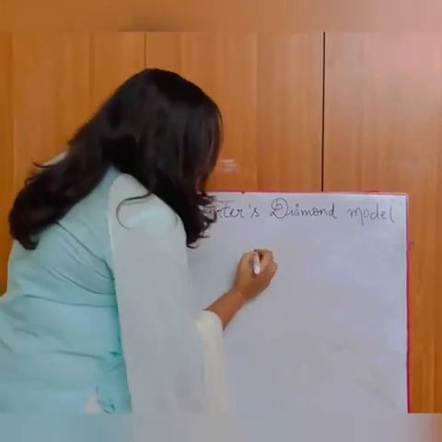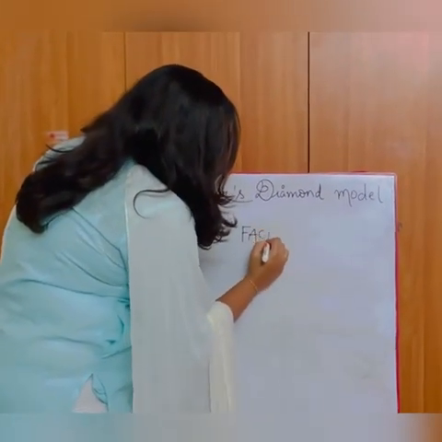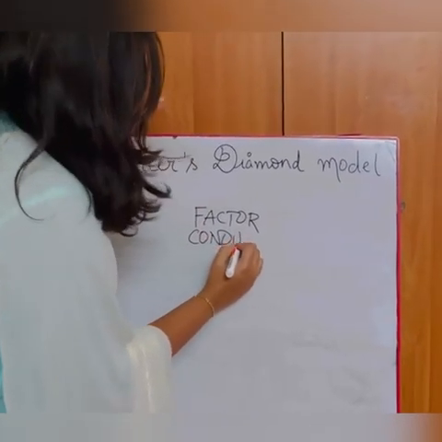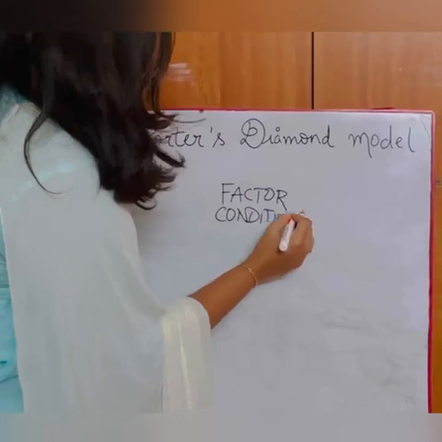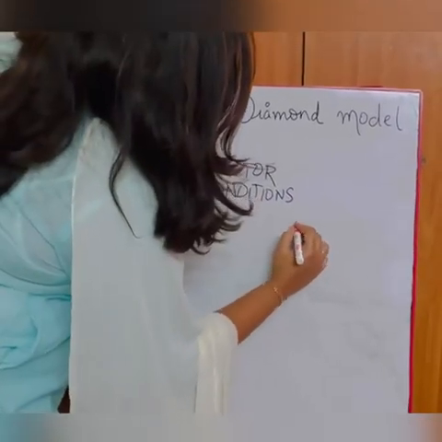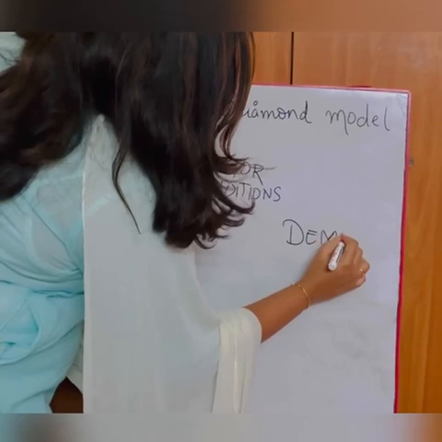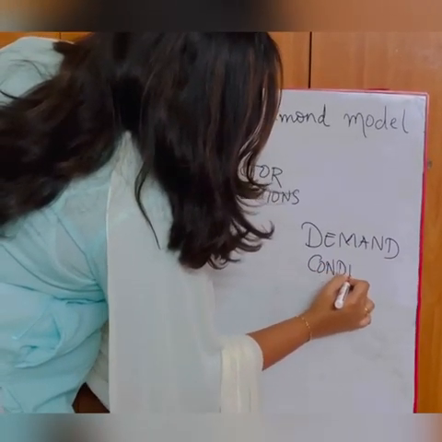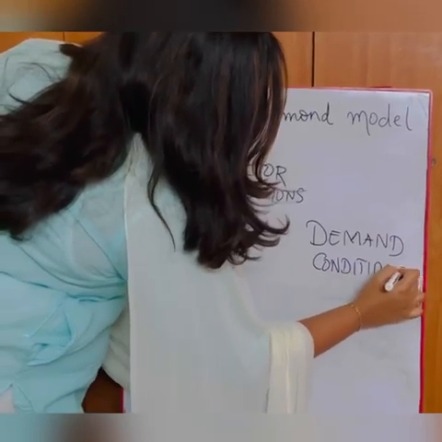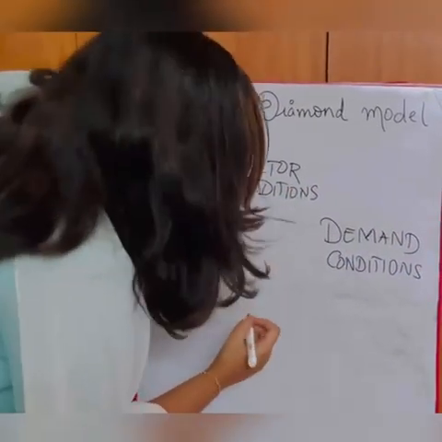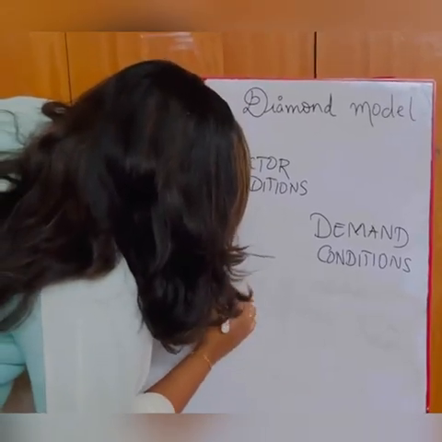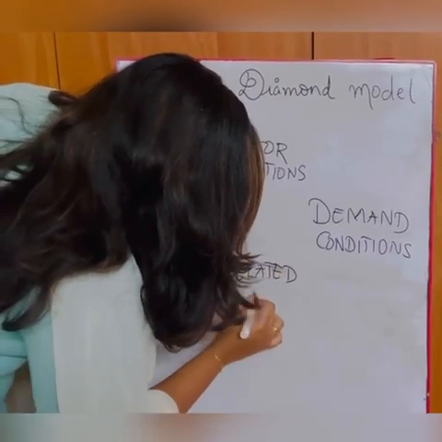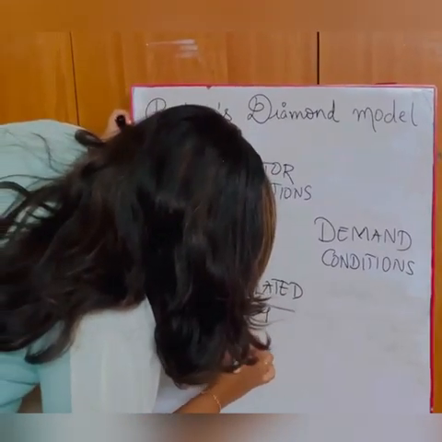That is, first will be the factor condition, and the next will be the demand condition. The third will be the related and supporting industries.